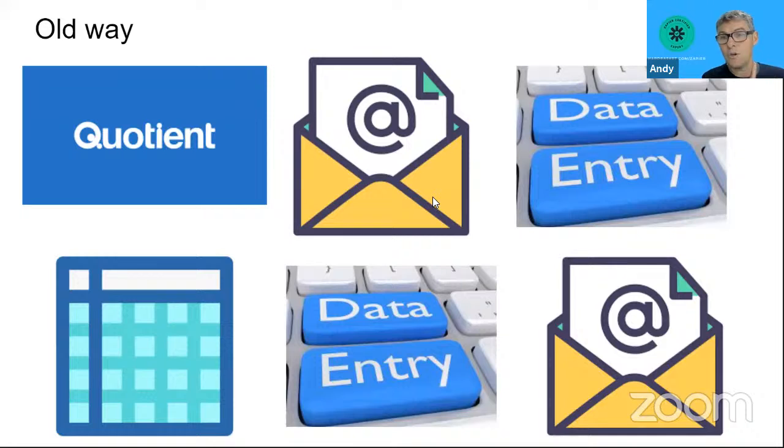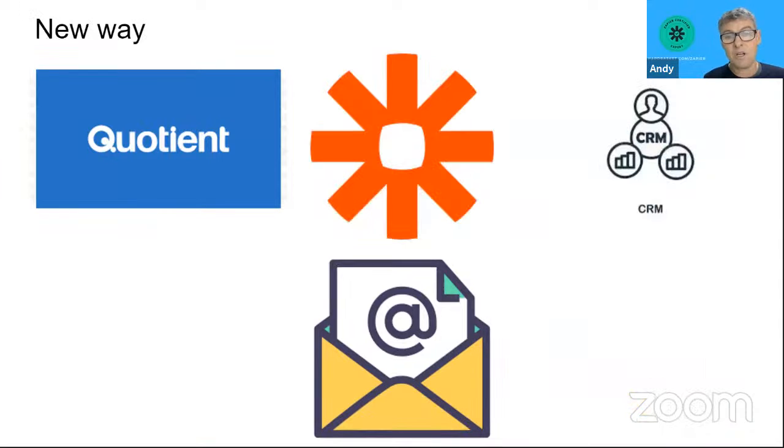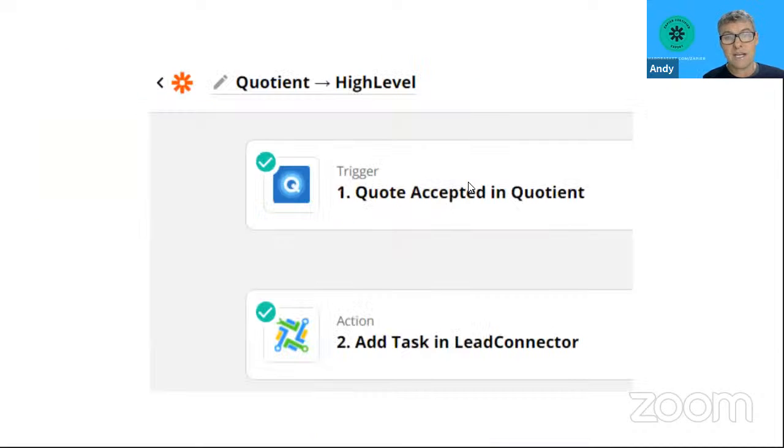You use Quotient for doing your quotes, and your old way, pre-Zapier, you had again some data entry, some different emails, and using Zapier, you're now able to have your Quotient data go straight through to your CRM.